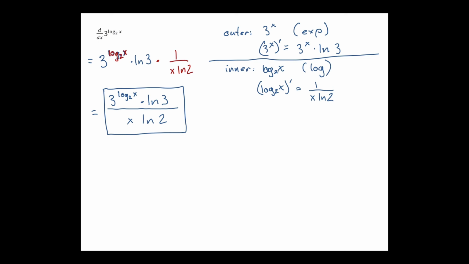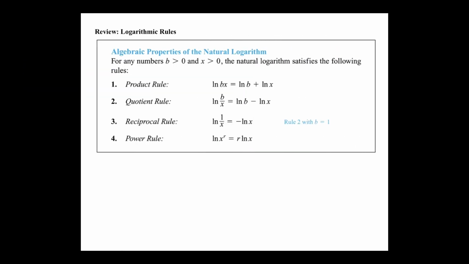Now, these logarithmic functions are very useful. They allow us to take some complicated things and break them apart into pieces using the algebraic properties of the natural logarithm. Remember that the product of 2 arguments inside of an ln, you could break each argument to be the input of its own ln with addition.